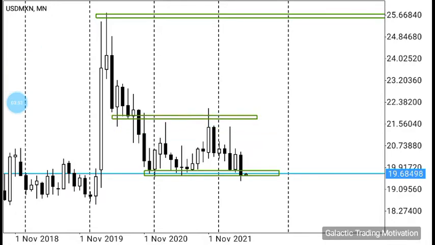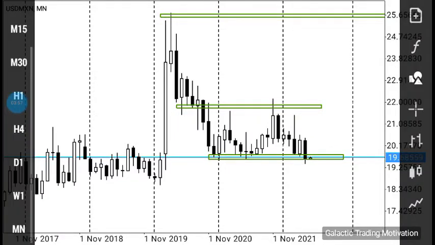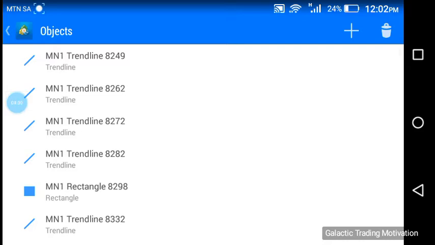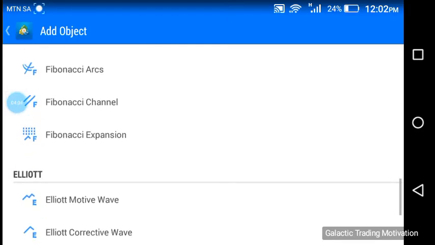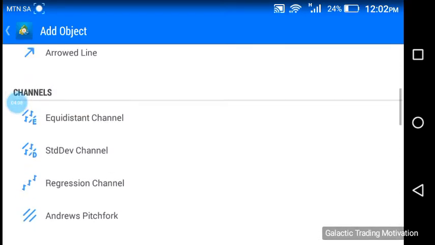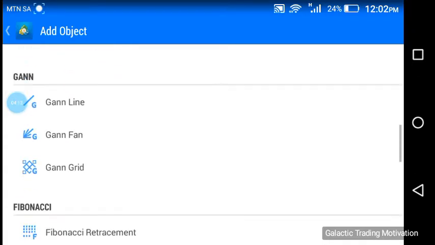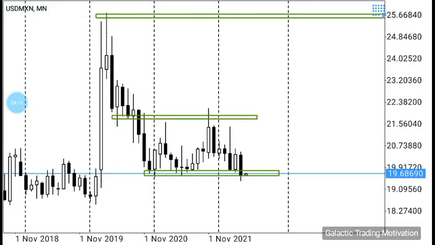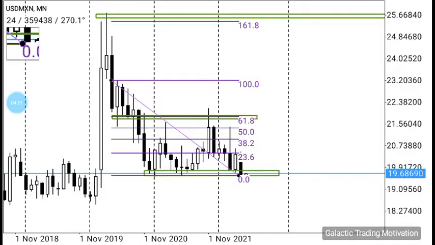There we go. I also want to use the Fibonacci retracement tool just to see if that neckline aligns with any of the key levels on the Fibonacci retracement tool. Just bear with me. There we go.